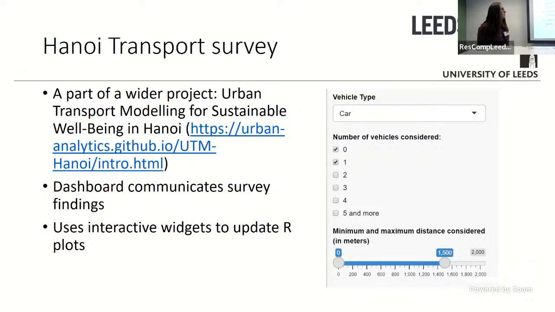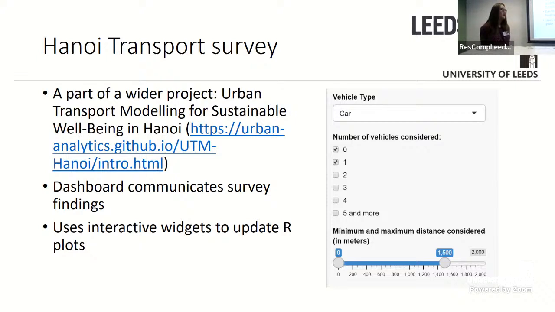So the data I use comes from the first 6-month project I did with Professor Nick Malleson and Lex Comber from the School of Geography, and it's Urban Transport Modeling for Sustainable Wellbeing in Hanoi. And in this project, I created a dashboard to communicate the survey findings.